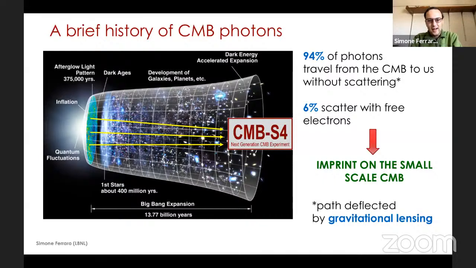We know that they interact with the low redshift universe, both through scattering and through gravitational effects. So effectively, new high resolution CMB maps are large scale structure maps as well, and they can be used in many applications, and this is becoming very exciting.